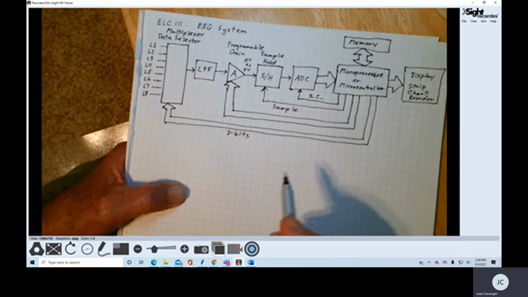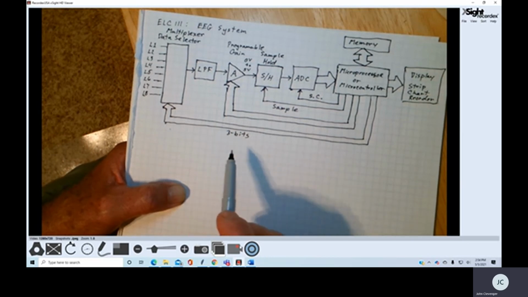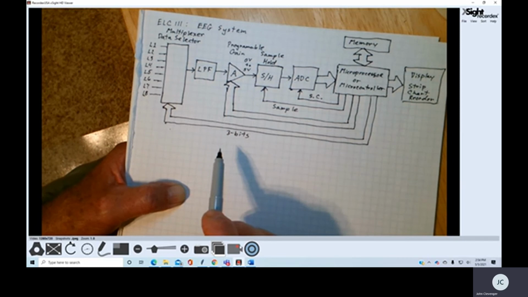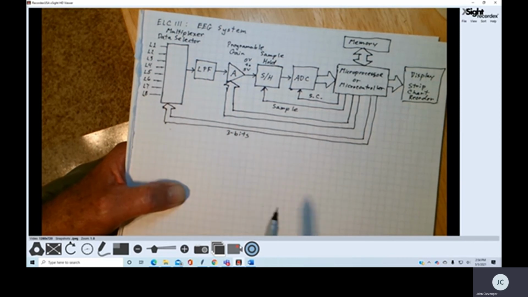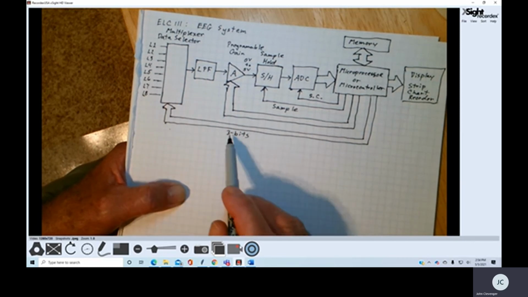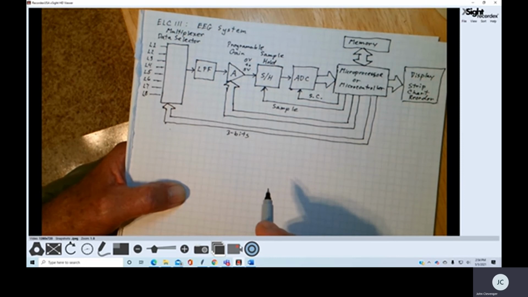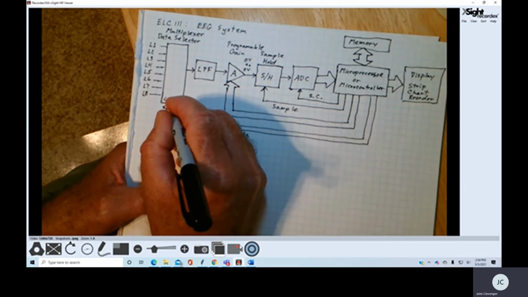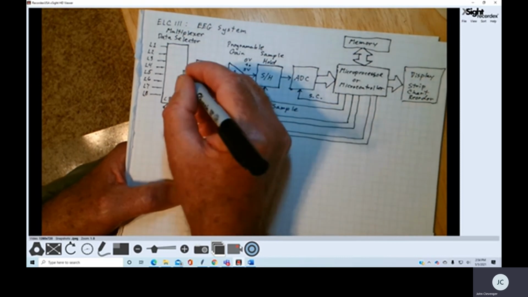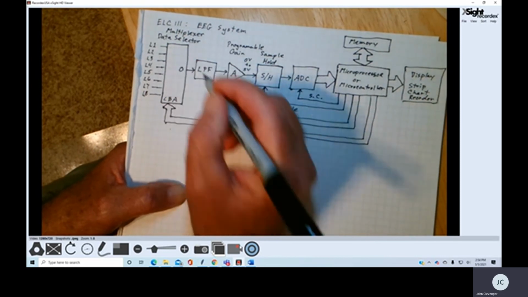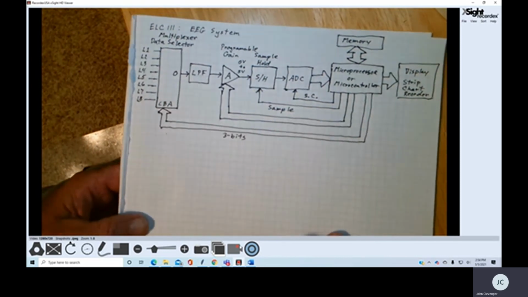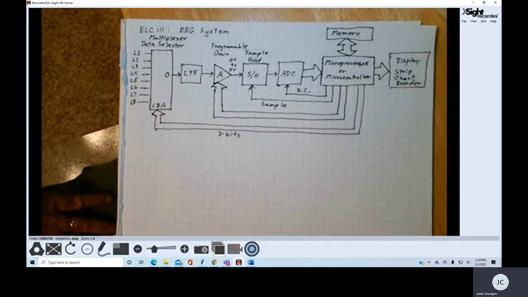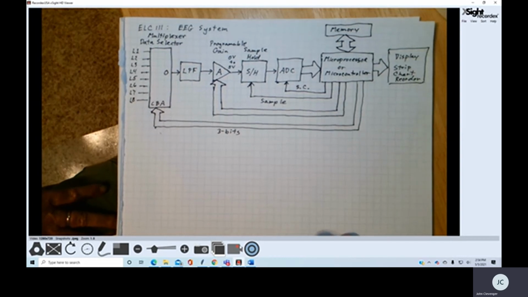Going into the multiplexer, we only need 3 wires, and that is to select one of 8 inputs. Typically they're labeled C, B, and A. This will be my output O right here. So this is my take on a block diagram for our EEG system.